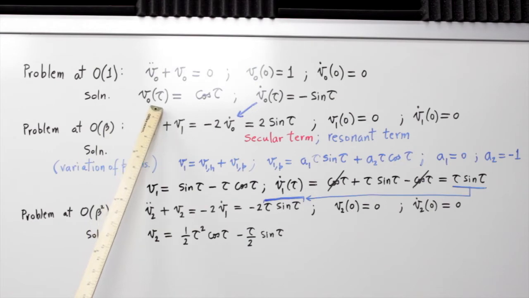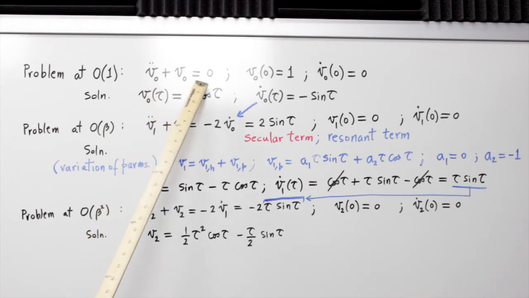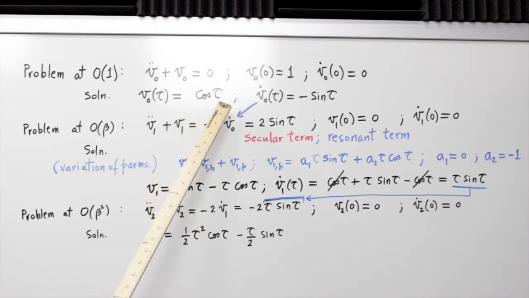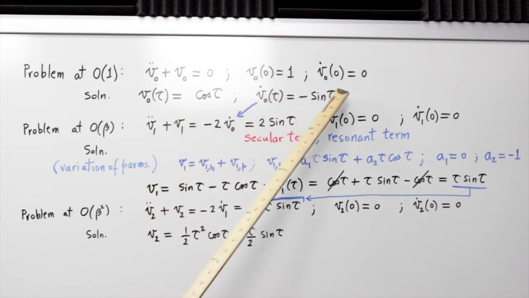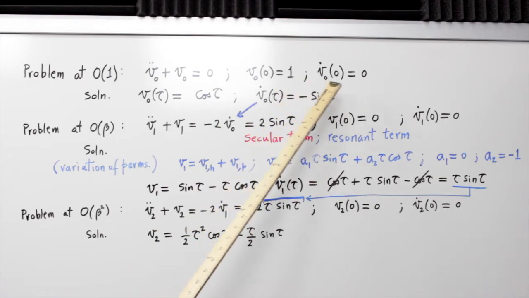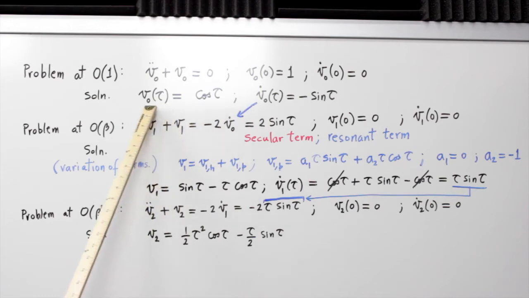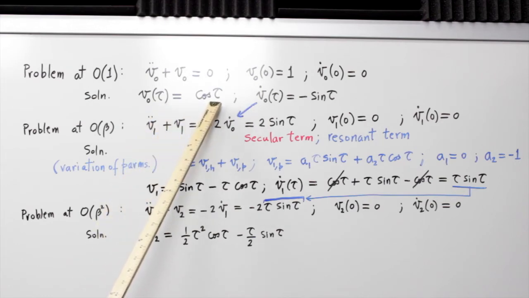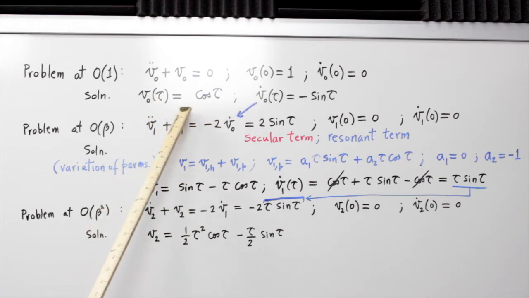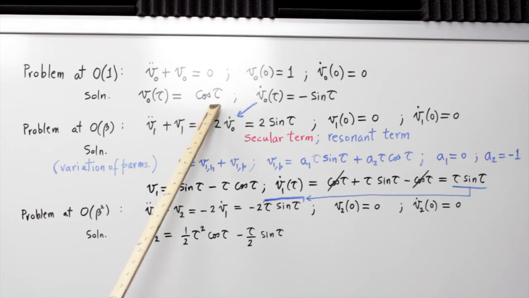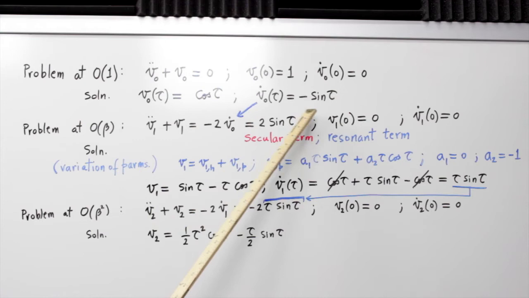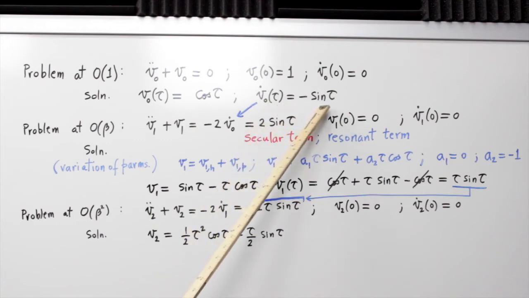The solution is the homogeneous solution, sine tau plus cosine tau with arbitrary constants, and noting these initial conditions, since initial displacement is 1 and initial velocity is 0, we can find those two constants, and that gives us the solution in this cleaned up form that v0 is equal to simply cosine of tau.